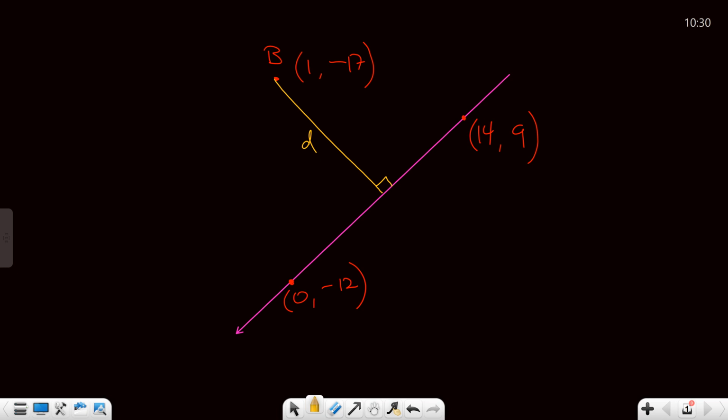To find the distance of line D, you'd find the distance between B, if it was on the pink line, from, I think it was Jackson's point, 14 feet. So just so we can talk, we'll call this aardvark and this kangaroo. You find the distance between point B and K on the pink line, if B was on the pink line. Okay.